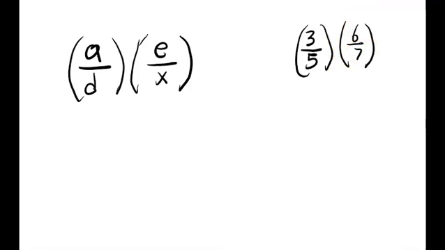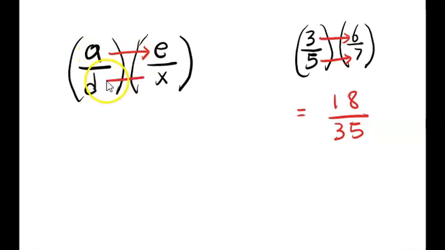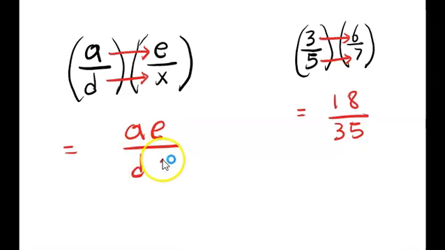So here we are going to multiply 3 and 6. We'll be getting 18 over 5 times 7. We'll be getting 35, right? So the same concept will be applied over here, where a multiplies with e and d multiplies with x. So you'll be getting your answer here, ae over dx. It's just as simple as that.